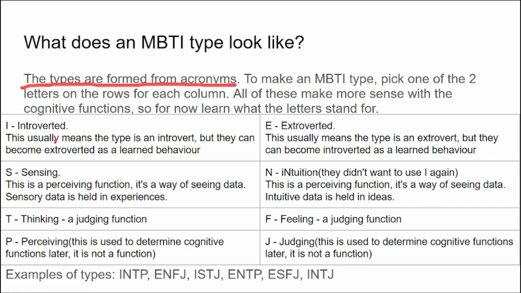I'm going to go straight down in a column. Sensing. This is a perceiving function. It's a way of seeing data. So you're sensing when, let's say I noticed that I can point at things, that poster. That's sensing what's around me.